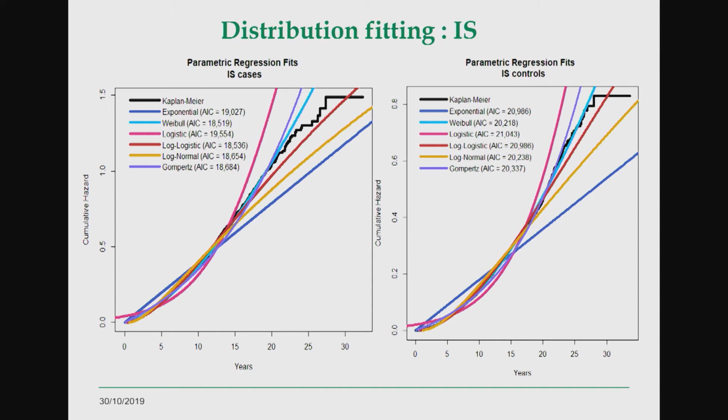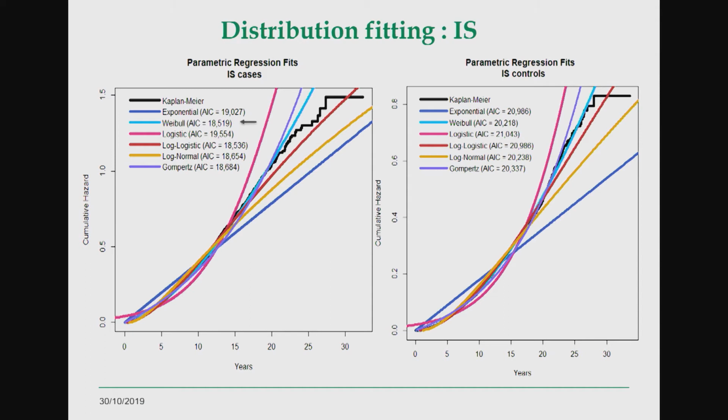Judging from the AIC, which stands for Akaike Information Criterion, a statistical measure of relative efficiency of models, the lower it is, the better. Here the lowest is the Weibull in both cases, so Weibull was chosen to model the baseline hazard.